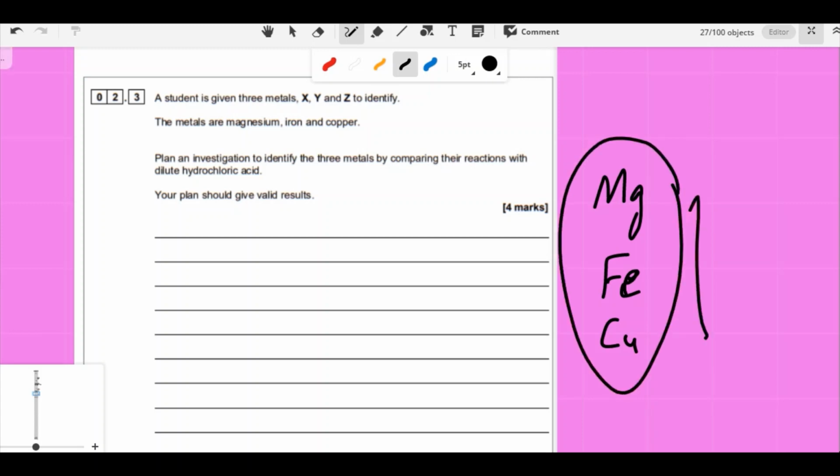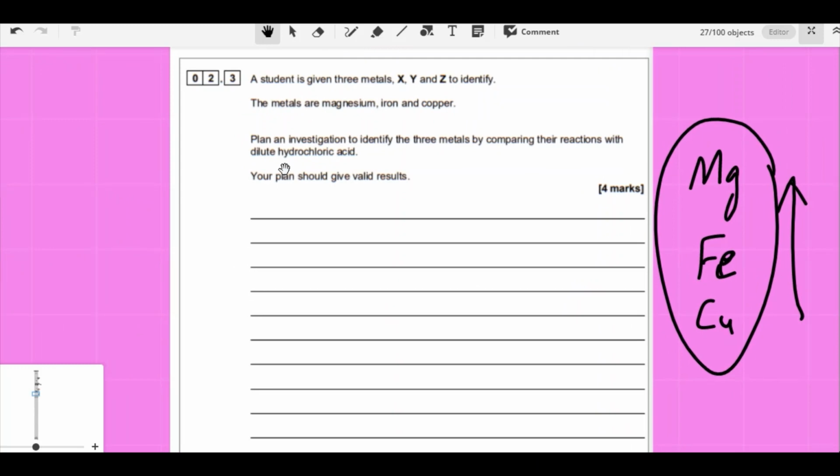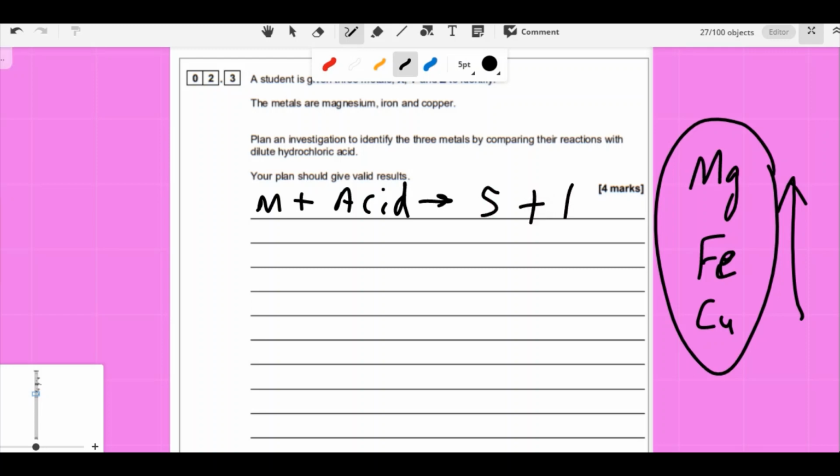So that is the reactivity series. As we know, whenever a metal reacts with an acid, it normally forms a salt and hydrogen gas that is produced.